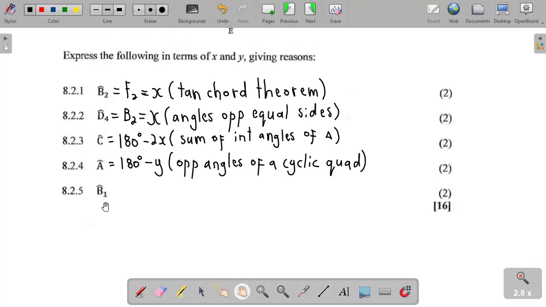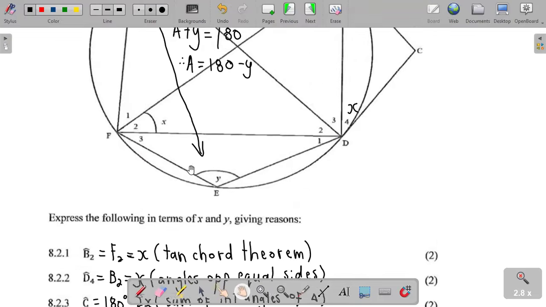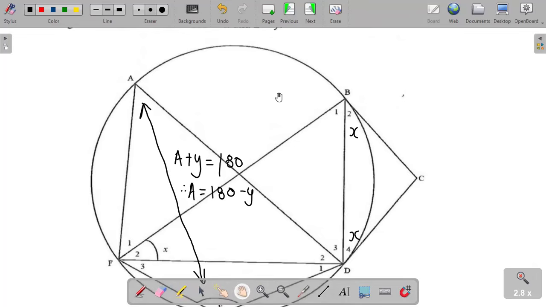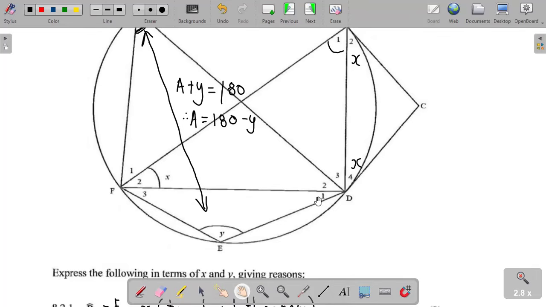8.2.5, they say B1. Okay, B1, where's B1? B1 is here. So B1 will be equal to A, isn't it? It will be equal to A because these two angles are subtended by the same chord.